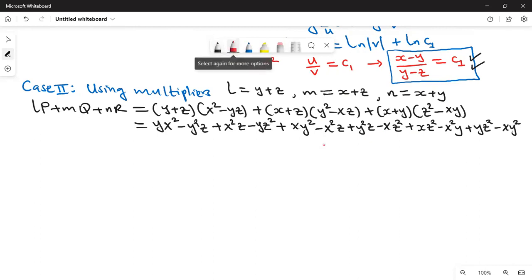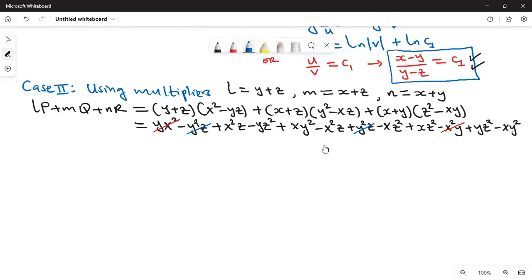Let's see, are we going to get 0? X squared y, do we have another negative x squared y? You check this one, they'll cancel. I can also see negative y squared z. Do we have positive y squared z? Yes. Positive y squared z, I can see it. This one, they'll cancel.